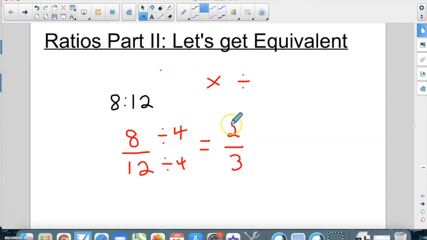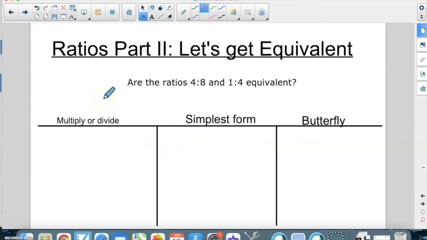So 2 to 3 would be an equivalent fraction, or a ratio. All right. So for our assignment today, there's going to be 3 different methods that might help you solve for the answers here. And usually one way will work better. Okay.